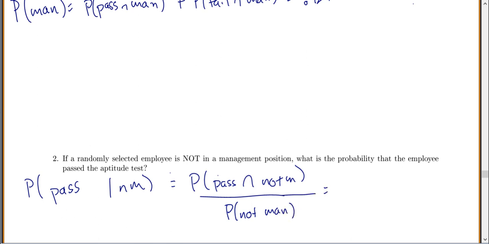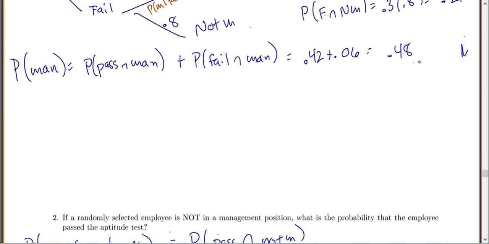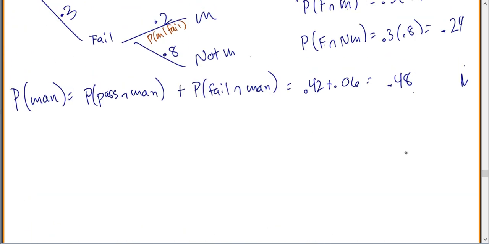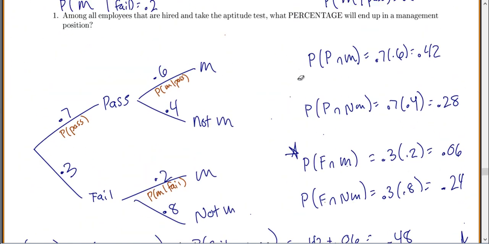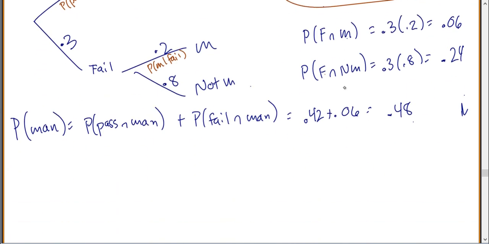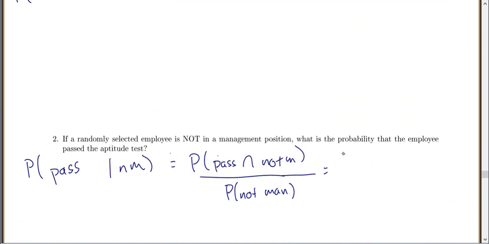This is why having everything up there makes it so easy. We want the probability of pass and not management. That would be this one here, so that's 0.28. Now we want the probability of not management, which we haven't actually figured out yet.